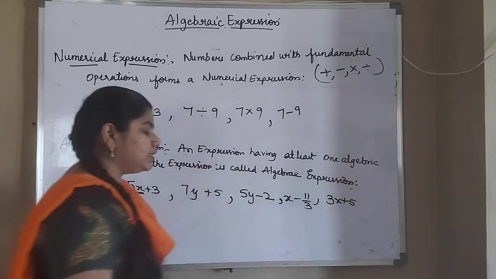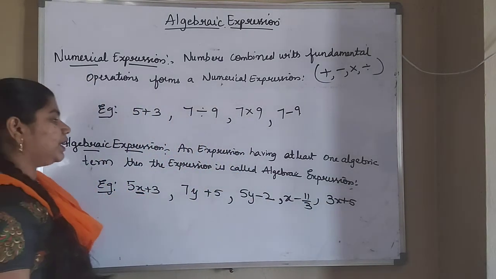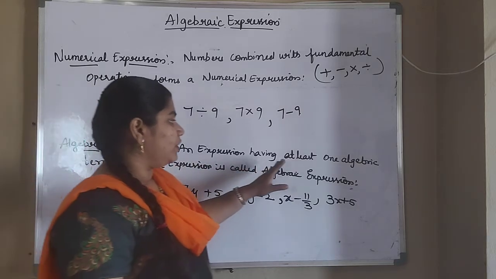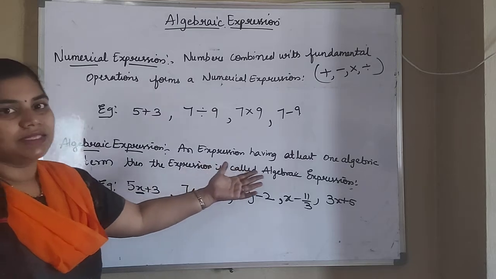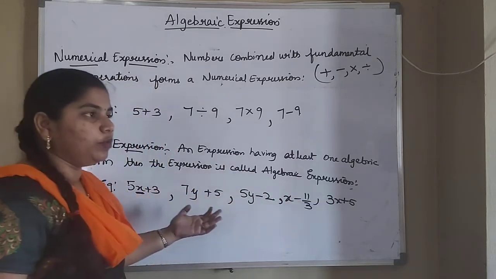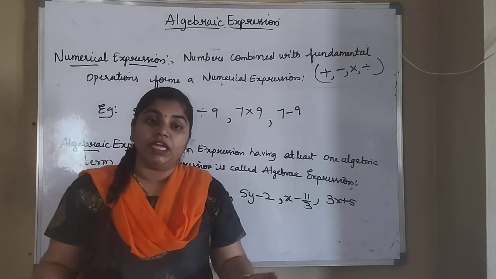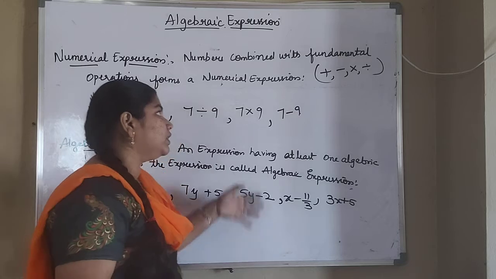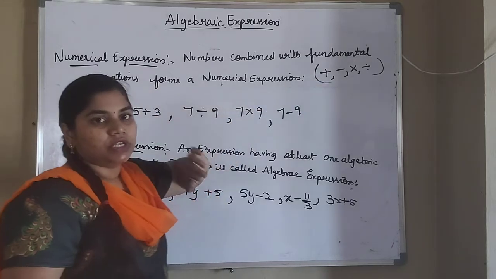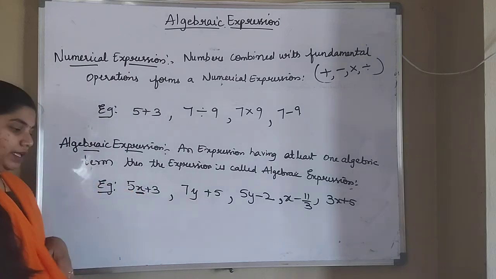So these all are examples for algebraic expression. An expression having at least one algebraic term is called an algebraic expression. An algebraic expression has the combination of numbers, variables along with fundamental operations. That type of expressions we will call algebraic expressions.